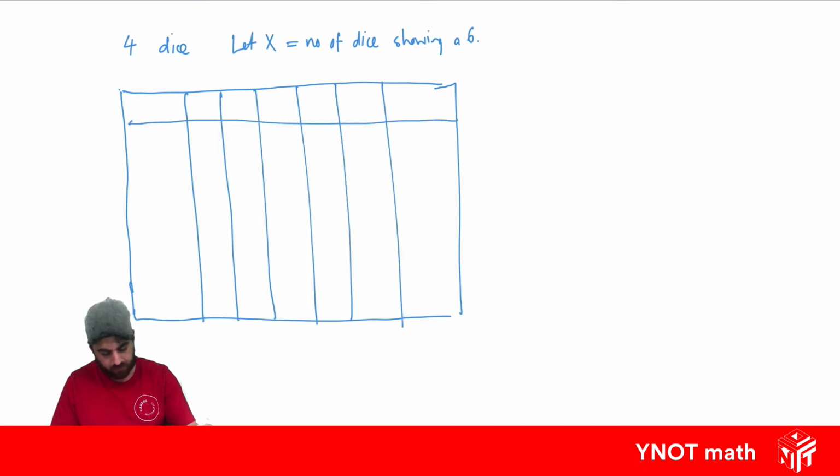Okay, so we've got our x values of 0, 1, 2, 3, and 4. This would be when we roll the 4 dice, having 0 6s showing, only 1 6, 2 6s, 3 6s, and all 4 being 6s. This we'll use for a sum.